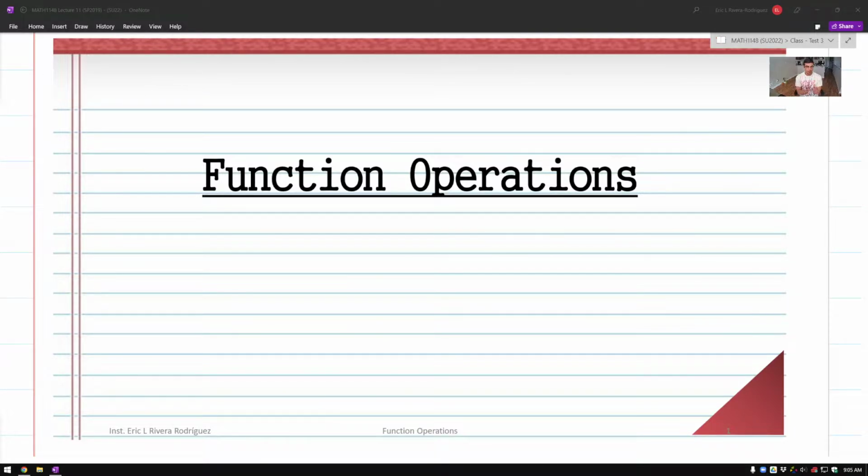Inverse functions are going to be very important for the next 2 lectures, which cover exponential functions and logarithmic functions. We are going to use those 2 functions to work with exponential and logarithmic equations. That's the goal of test number 3, to know how to solve exponential and logarithmic equations.